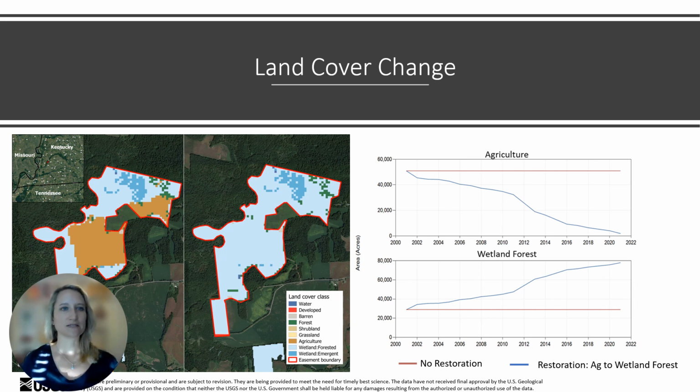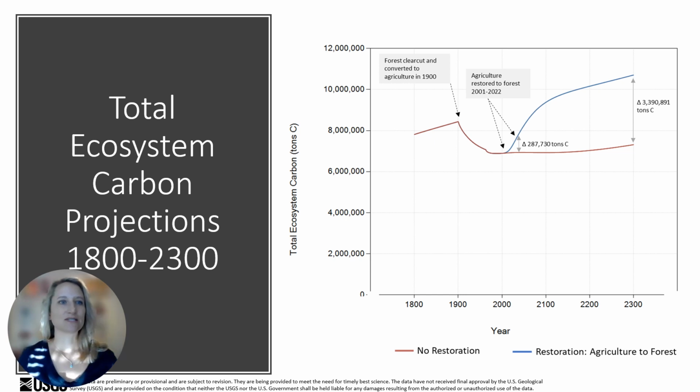On the left is an example at the easement level of what land change looked like over the historical period of the restoration program, from 1998 to 2021. So we saw a significant increase in the wetland forests over time during this program. The carbon consequences of this land cover change.